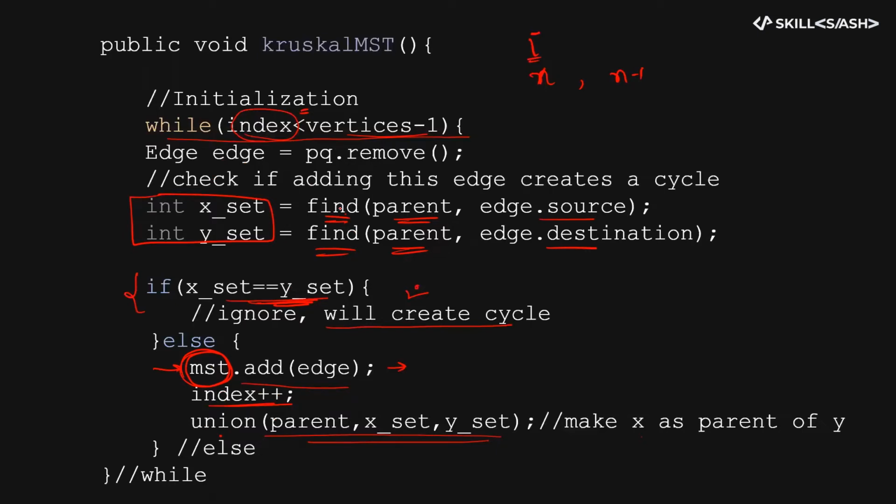There are many other implementations of Kruskal's algorithm and Prim's algorithm as well, based upon how we are finding the loop, how we are finding whether edges are creating a loop or not. Also, with the help of a 2D matrix, are we implementing the graph or not?